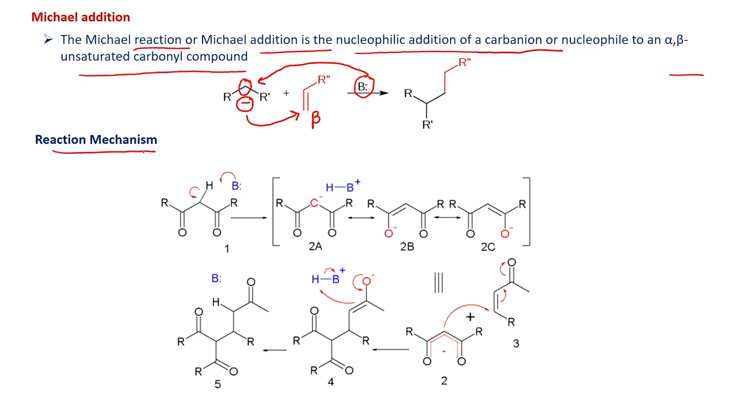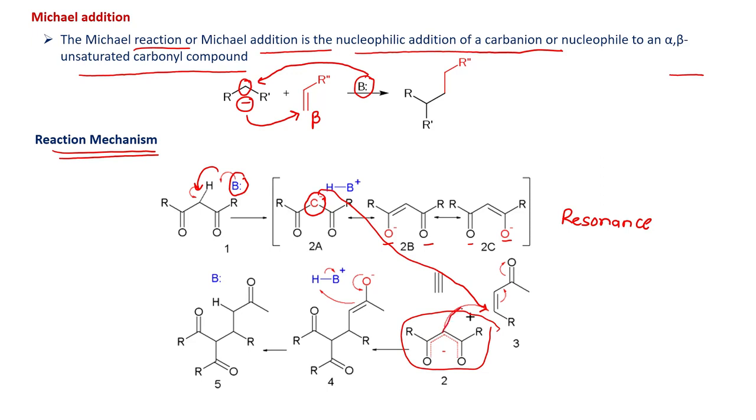Here I have shown you the reaction mechanism. The base abstracts hydrogen, creating a carbanion. This carbanion is stabilized by these two oxygens through resonance. The carbanion then reacts with this beta carbon, and you get product 4.